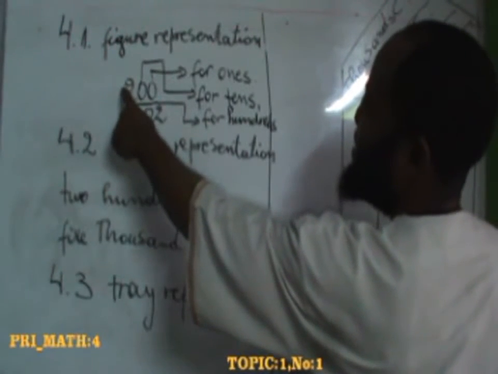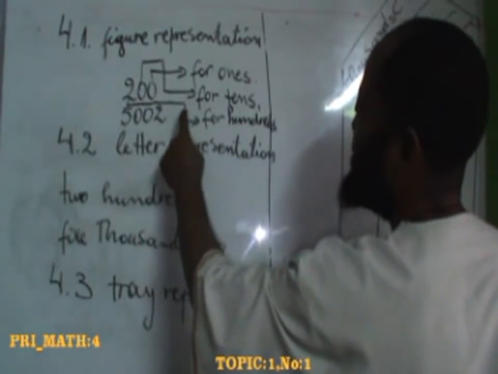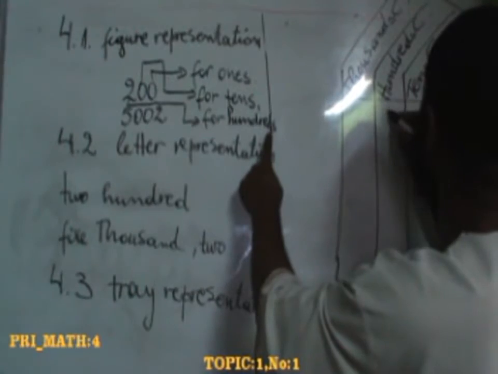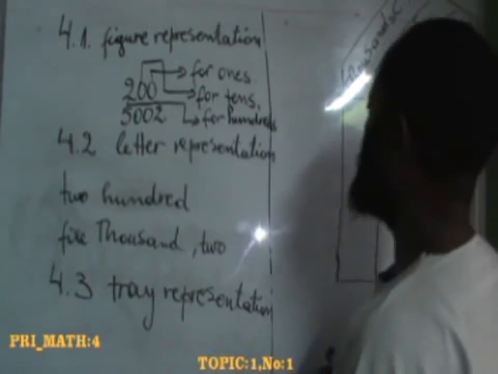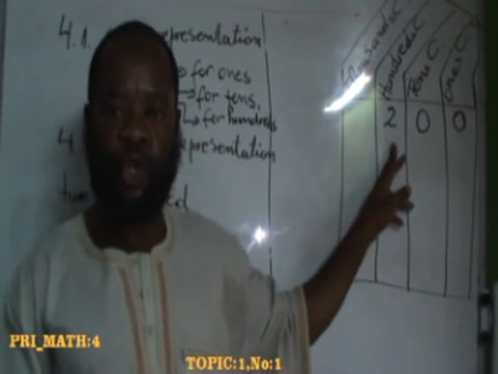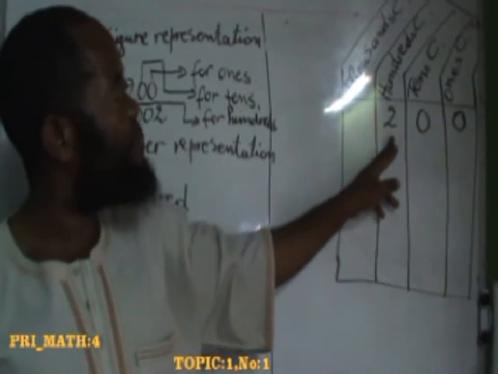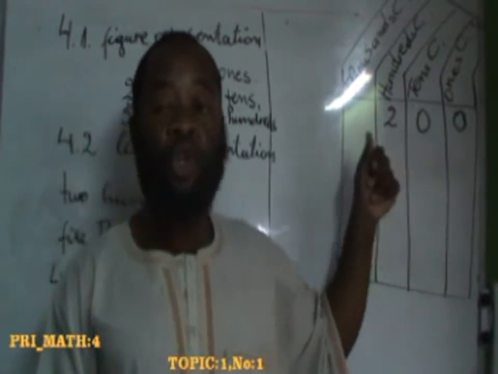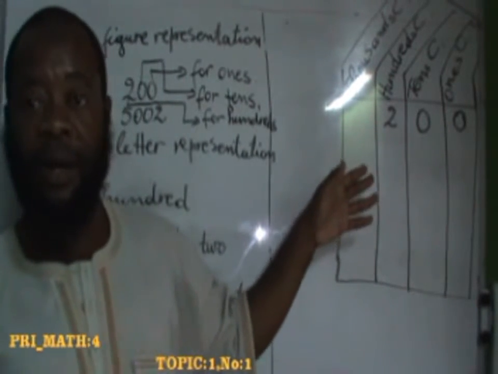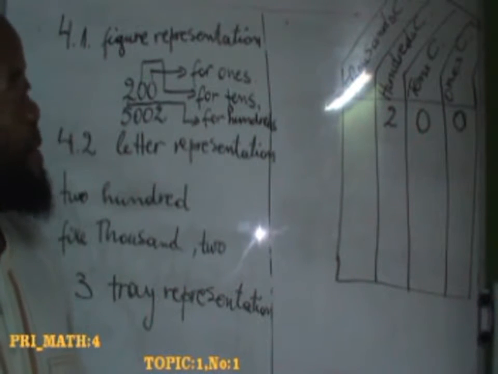Our last digit, which is 2, is for hundreds. So we put our 2 here in hundreds column. So right now we have already represented our 200 in tray representation.